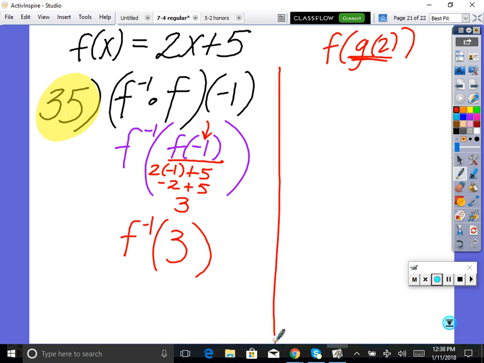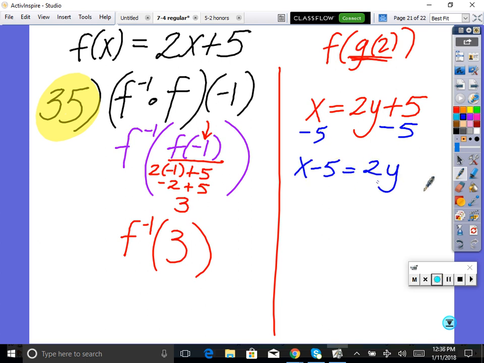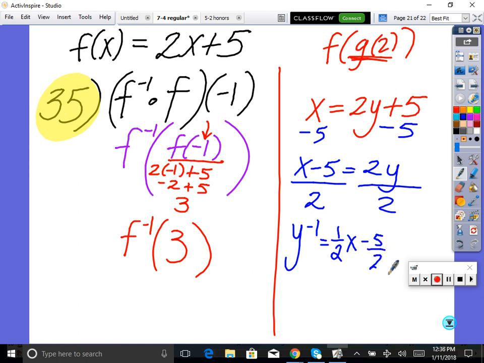But we have to push pause because we don't know the inverse. We got to hurry and go find it. So we'd say, okay, switch x and y. Now solve for the inverse. Subtract 5. x minus 5 equals 2y, divide by 2. So y inverse, or f inverse, same thing, is 1/2 x minus 5/2.